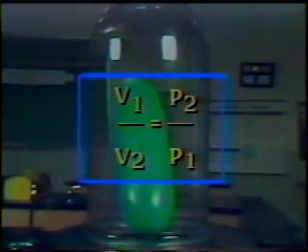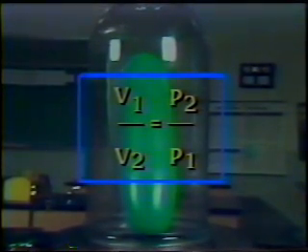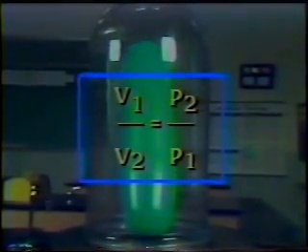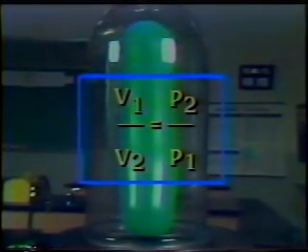This relationship of pressure and volume may be expressed as a mathematical equation. V sub 1 divided by V sub 2 is equal to P sub 2 divided by P sub 1.